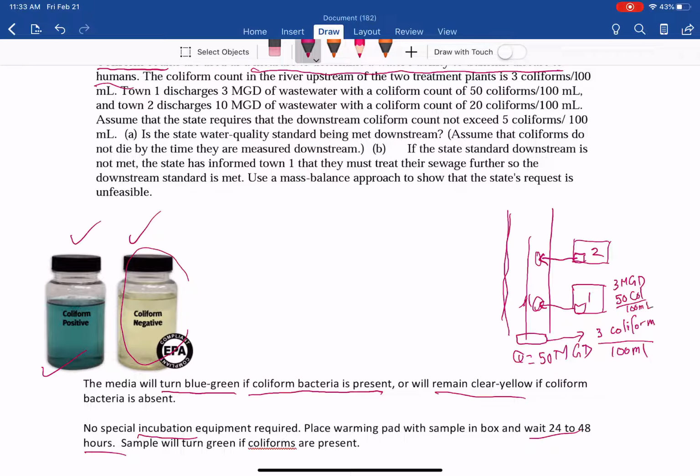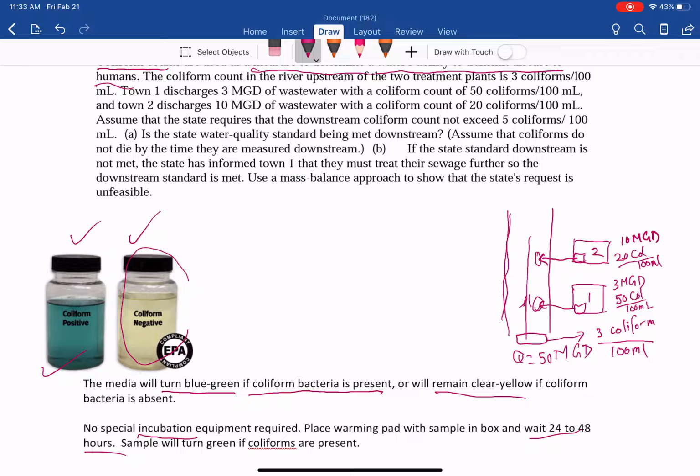I don't think I have space in this iPad. Town 2, the discharge is 10 million gallons per day. Coliform count is 20 coliform per 100 ml.